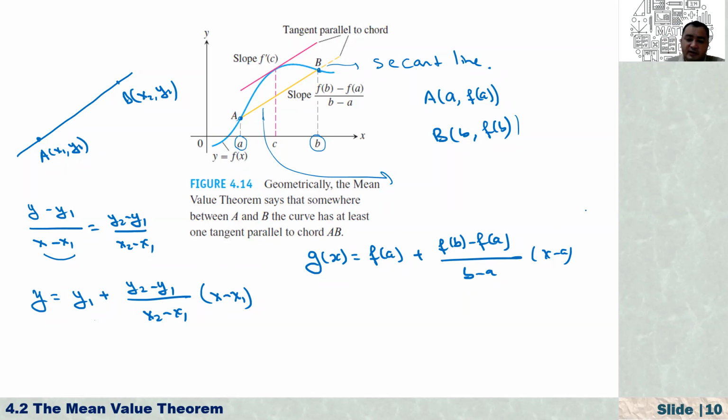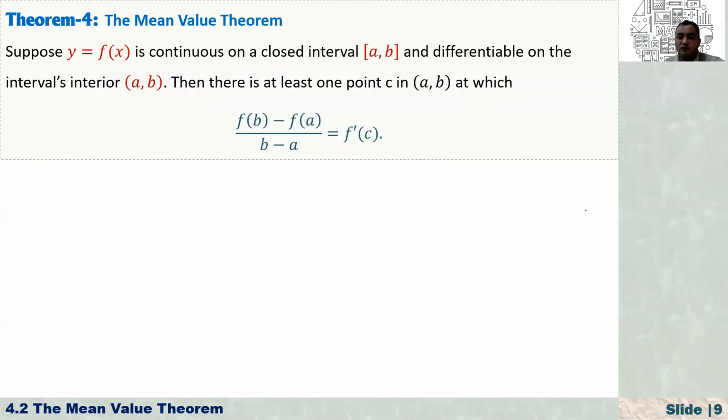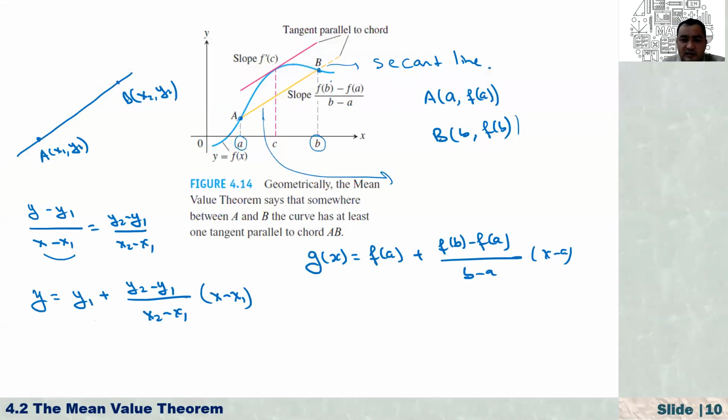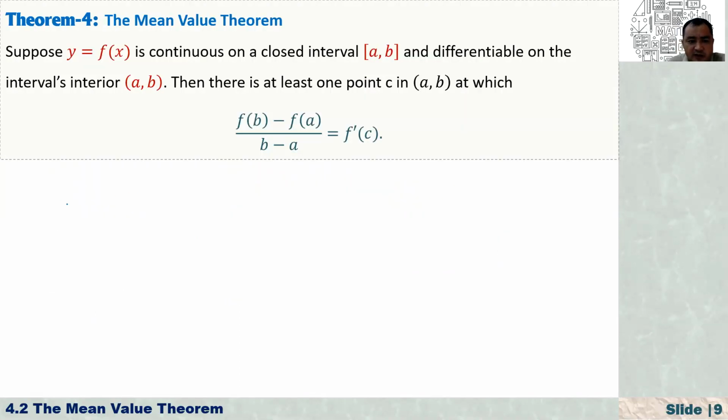Now, using this one, I'm going to form a new equation. What is the difference of this blue line and this yellow line? Let me denote the difference as the h function. So then I will have this function, h of x, is equal to our f function, f of x, minus g function, g of x, which is equal to f of x.